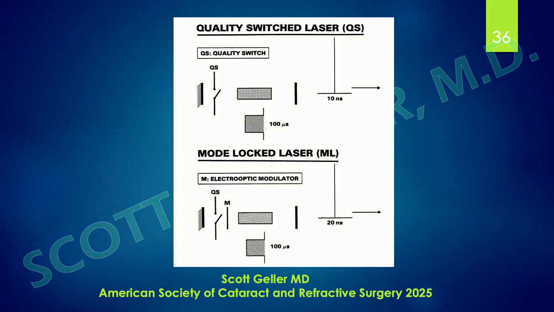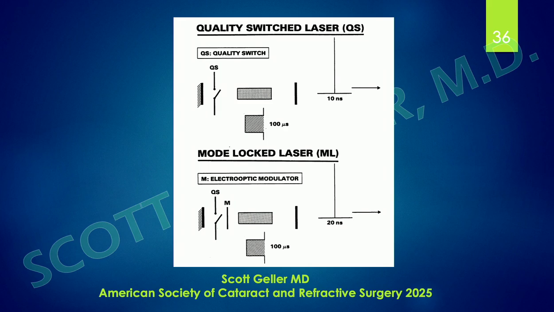There are two ways of lasers working. One is called a quality-switched laser, which is better known as a Q-switched laser. The quality switch is more or less the Pockel cell that opens and closes in 10 to the minus 9 seconds, and you get a short, quick pulse.